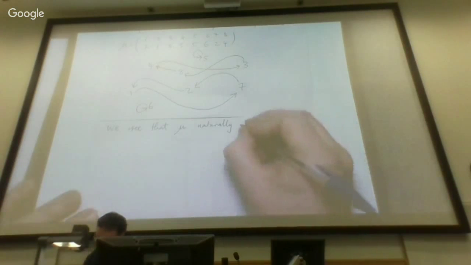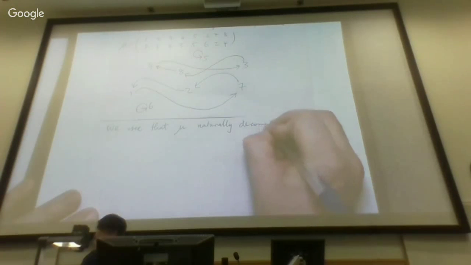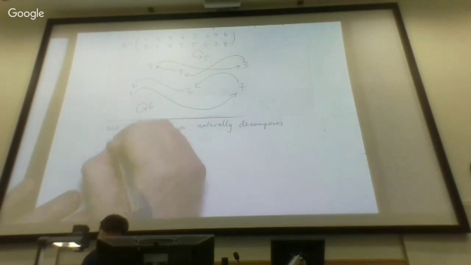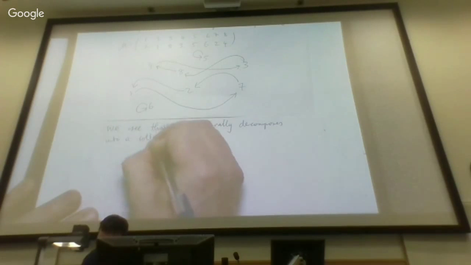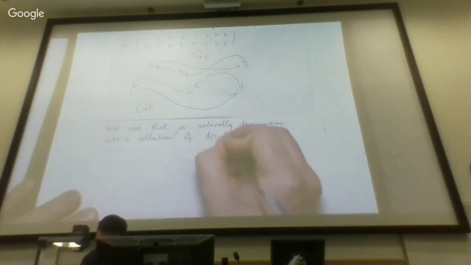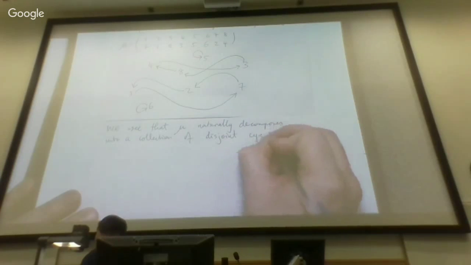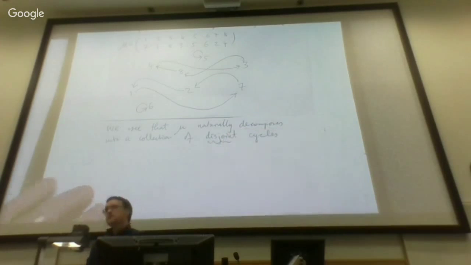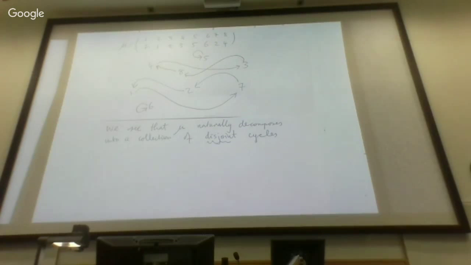So mu naturally decomposes into a collection of what we call disjoint cycles. You remember what disjoint means? You met that in set theory. Disjoint sets are sets which have no intersection, empty intersection, sets of completely different objects. And these cycles, the way they naturally happen, are all disjoint.